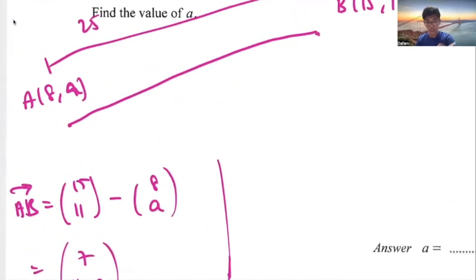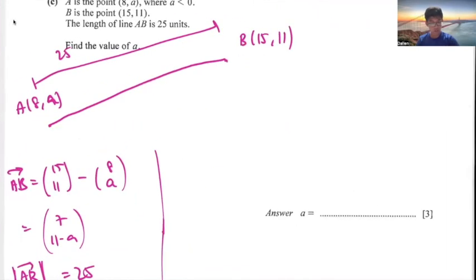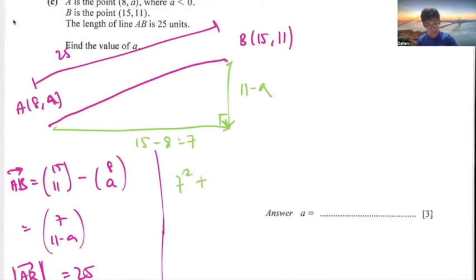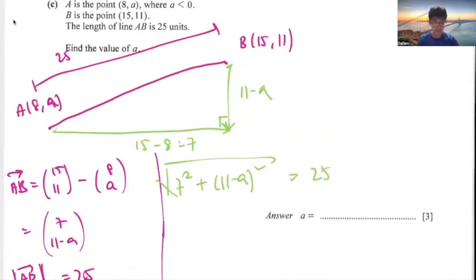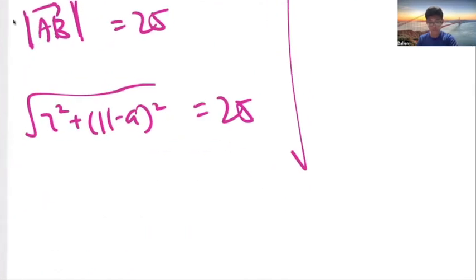The other way is to notice that this is 15 minus 8, 7, and this is 11 minus a. And you can use Pythagoras. So the square root of 7 squared plus (11 minus a) squared equals 25. So you notice it's basically saying the same thing.